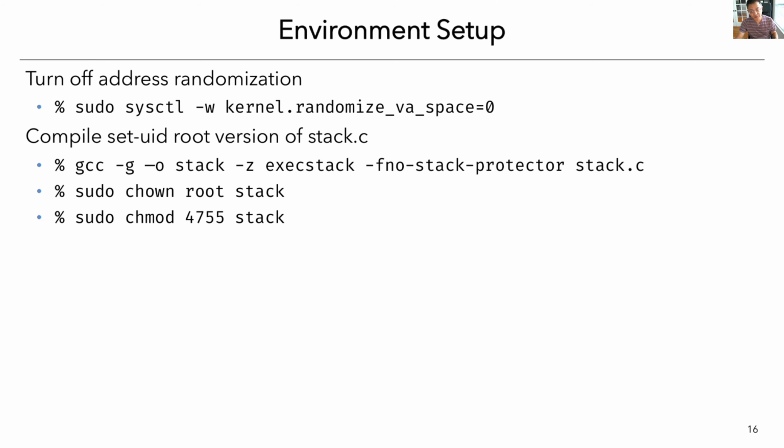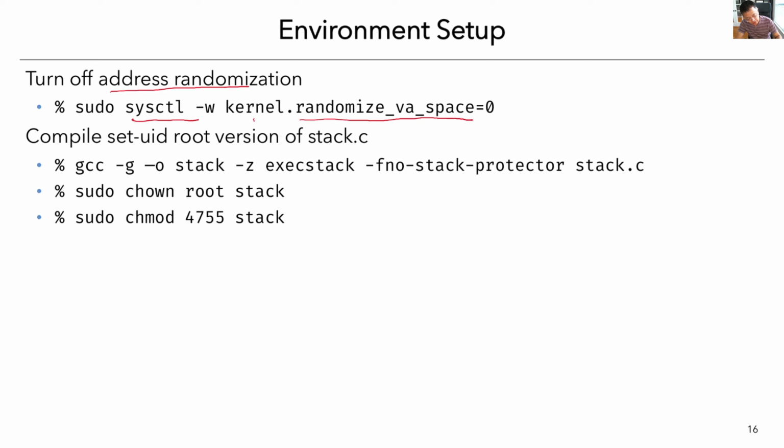So here is how to set up the environment. The first step is to turn off address randomization. You use the sysctl command to set the kernel randomize_va_space, virtual address space, to be 0.